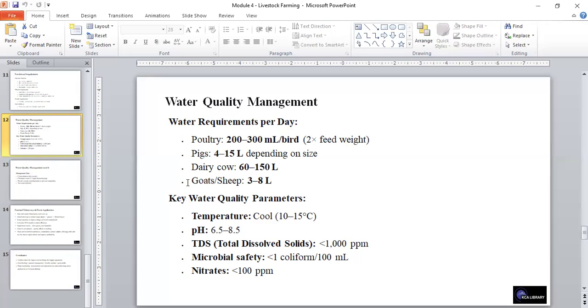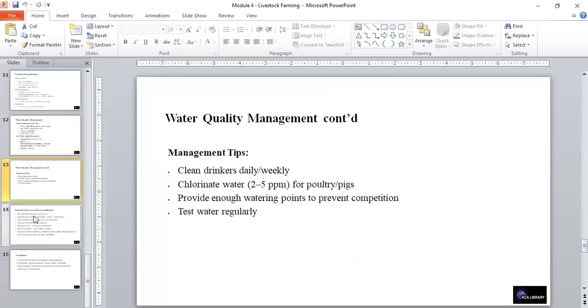Microbial safety should be less than 1 coliform per 100 ml. Nitrates should be less than 100 parts per million.